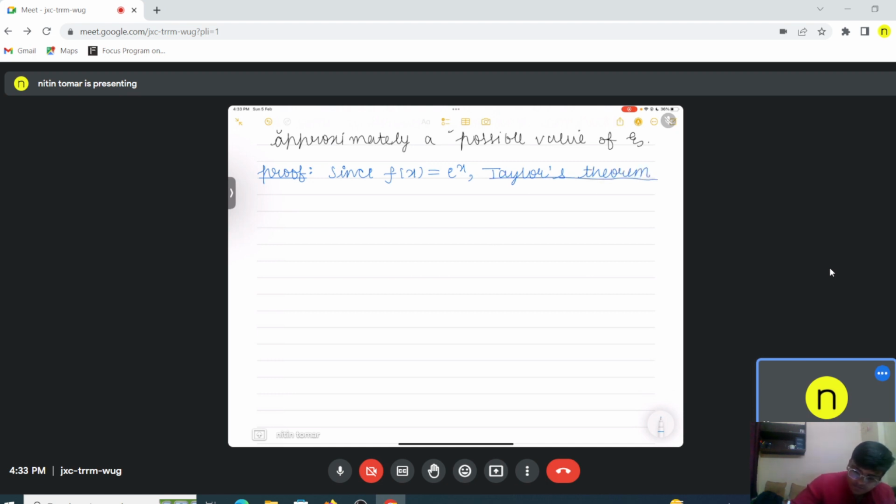Taylor's theorem gives that T2 of x, what will be T2 of x?